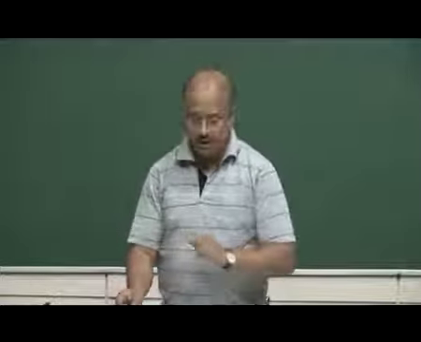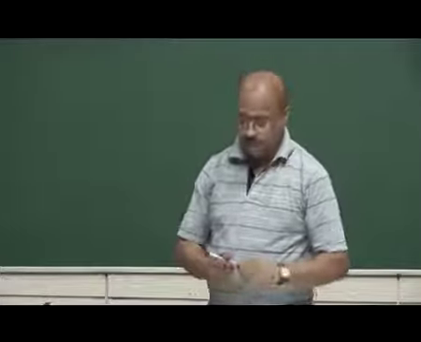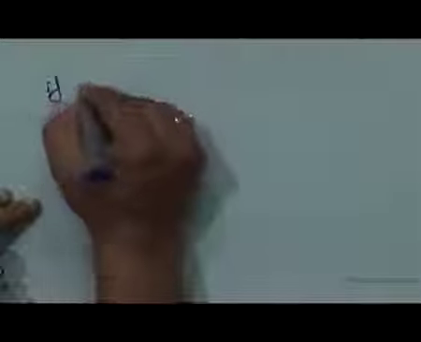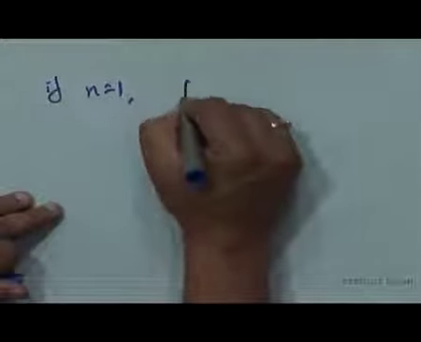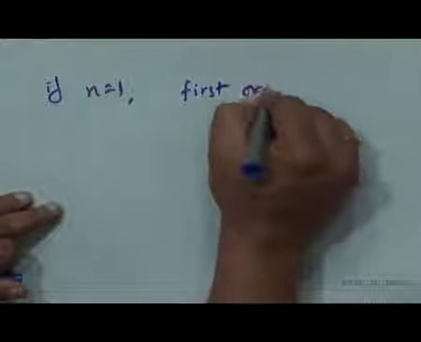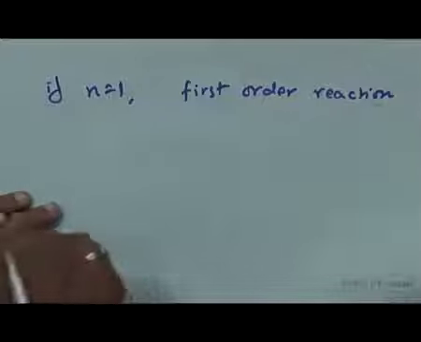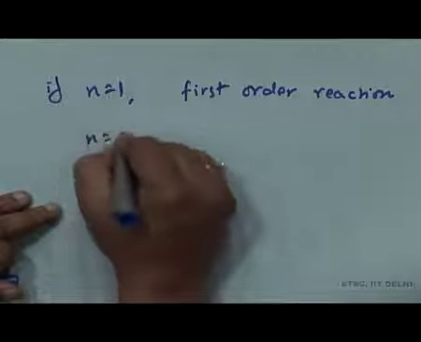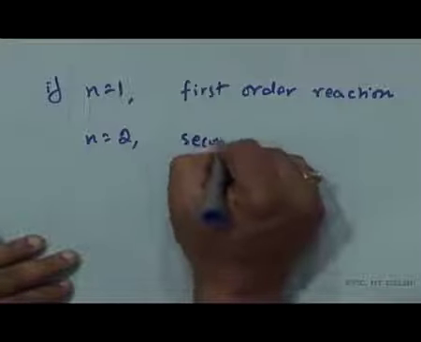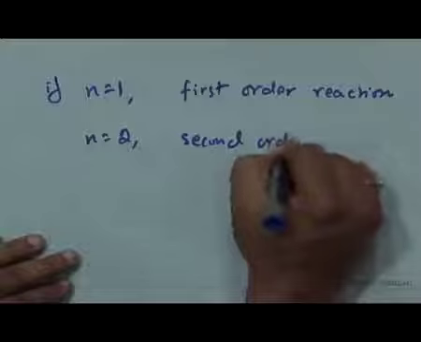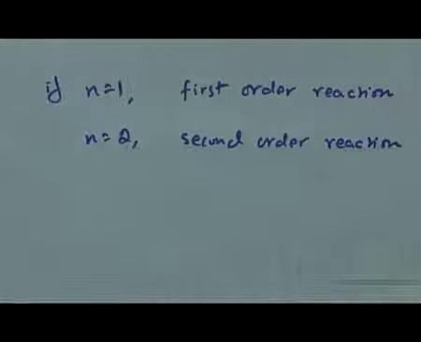So, what does this equation 2 tell us? What it tells us is this: if n is equal to 1, then it is a first order reaction. Okay. If n is equal to 2, then we call it a second order reaction.